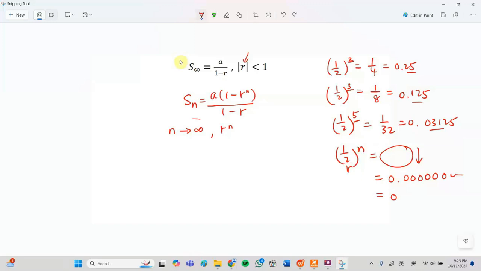When n approaches infinity, r to the power of n also approaches 0. So what happens when r to the power of n equals 0? We just substitute this inside. When n approaches infinity, we get 1 minus 0, and that is how we get 1 minus 0 equals 1, so S infinity equals a over 1 minus r.